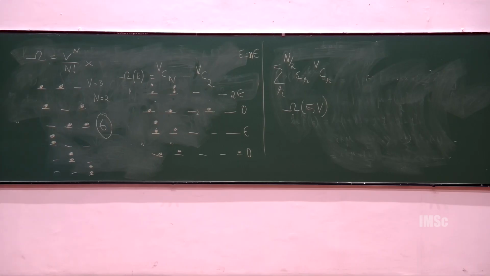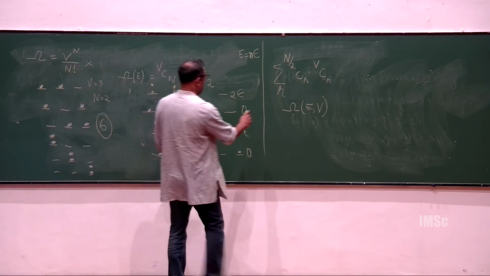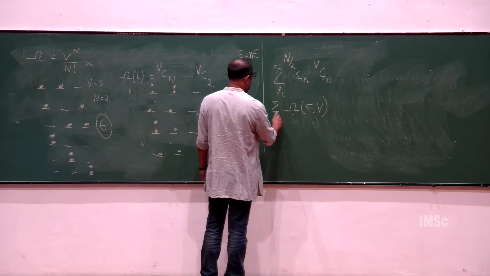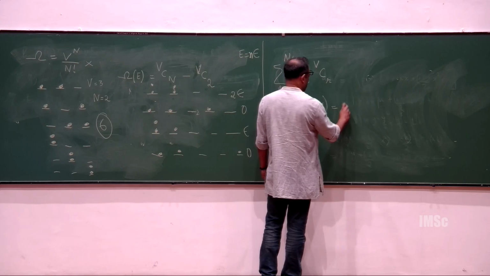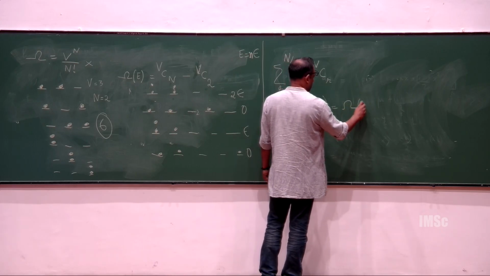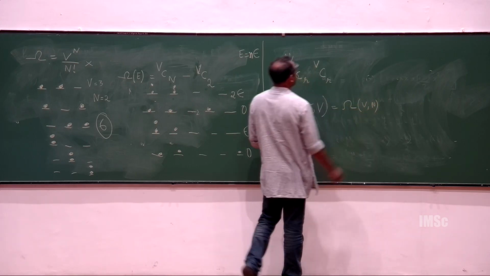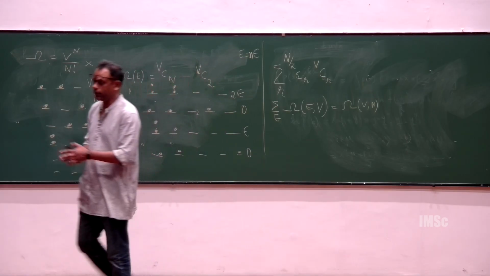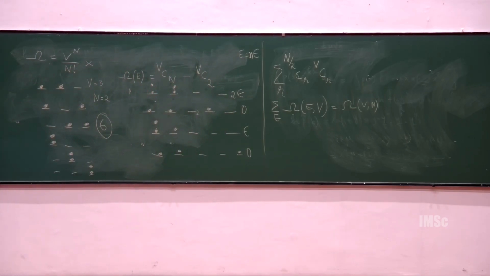Omega of E comma V, if I sum over all energy, then I get omega of V n, the top problem. So first of all, this might give you some interesting answer. Secondly, it might tell you how to do the top problem and so on.